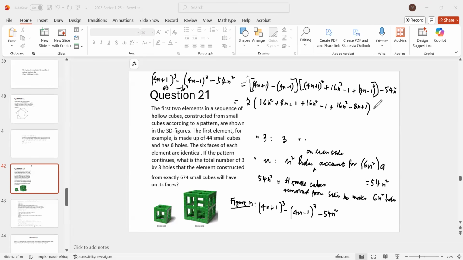Okay, and you're still subtracting 54n squared from that. So 8n minus 8n cancels off. 16n squared, 16n squared, 16n squared. 3 16n squared, that's 48n squared, but times 2. So it's 96n squared. And then the plus 1, minus 1, there's still a 1 here which survives, plus 2.